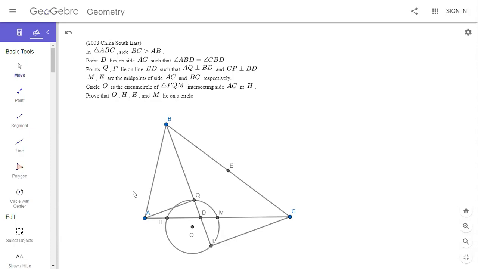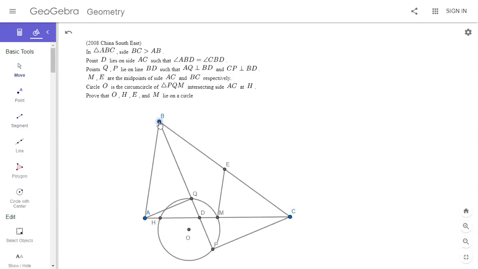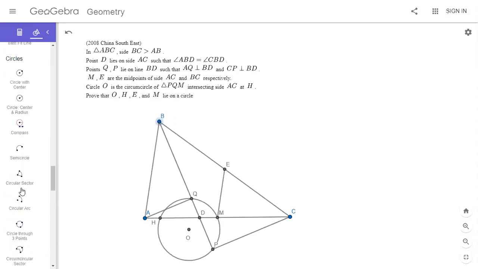Yeah, there's a lot of equivalent ways of looking at this. And we know, since Q is the midpoint, well, oh yeah, Q is not necessarily the midpoint of arc HM.